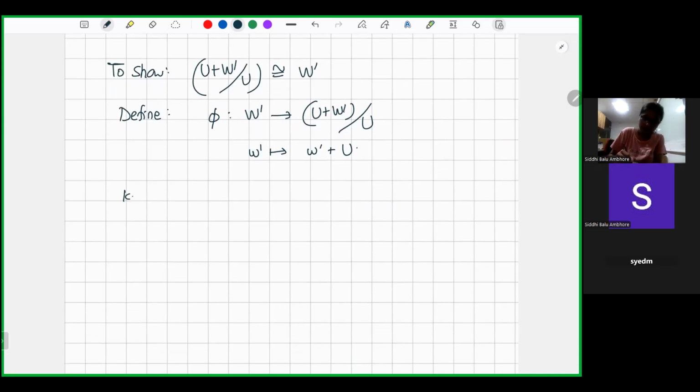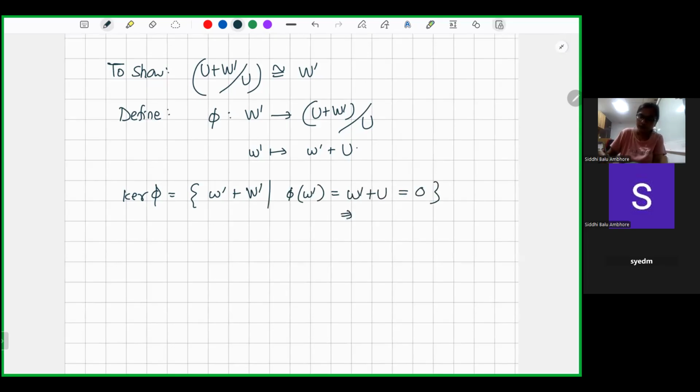Okay, then the kernel of this phi will be what? All those W dash in W dash such that phi of W dash, that is W dash plus U, is 0.